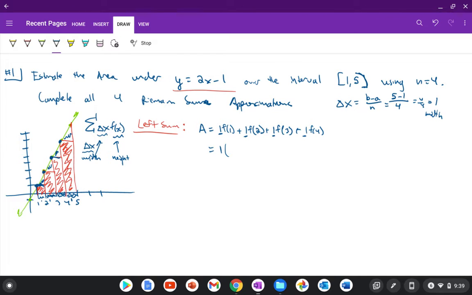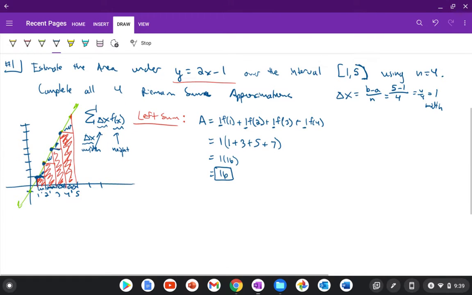F of 1, when I plug it into my function, is 1, plus f of 2, 2 times 2 is 4, minus 1 is 3, plus f of 3, that's going to be 5, f of 4 is 7. Then I add those all up. We get 16, so it's just 1 times 16, and that's just 16. So our left sum approximation would be 16.